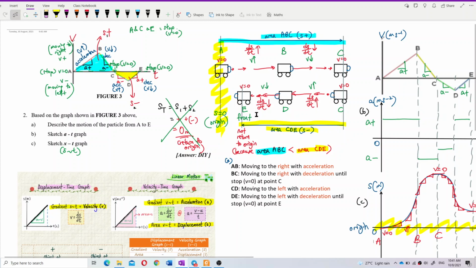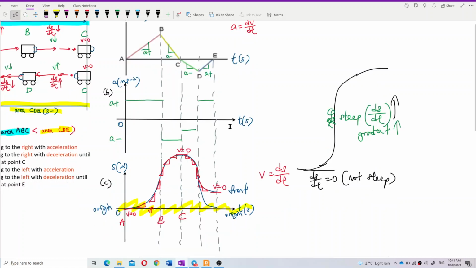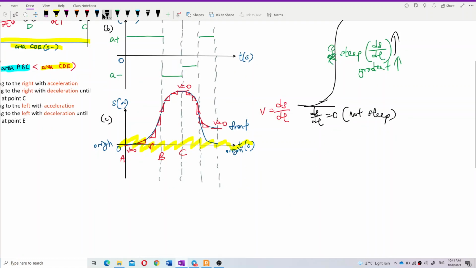So the car didn't return to the origin, but it stopped in front of the origin. If you draw your graph going back to the origin, then you are wrong, a big mistake there.